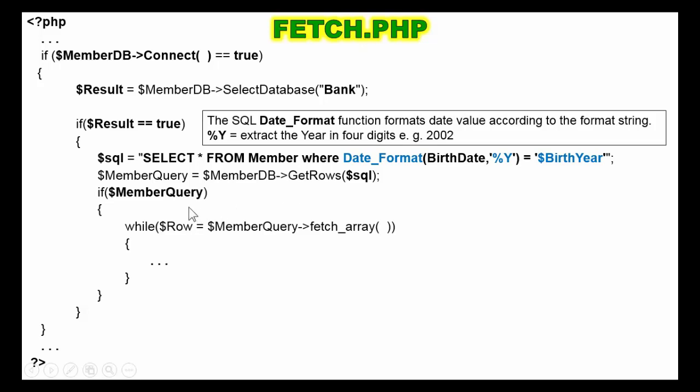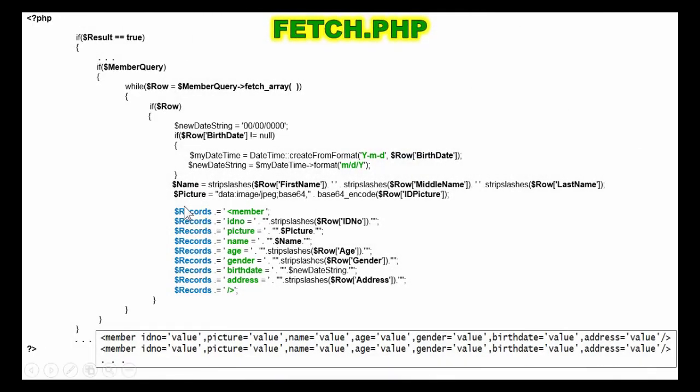If there is at least one record that matches, then the $memberquery is true. This is the continuation of the code from the previous slide. The command $row is equal to $memberquery fetch array holds the record that matches the query.